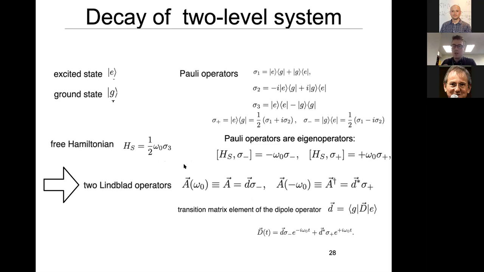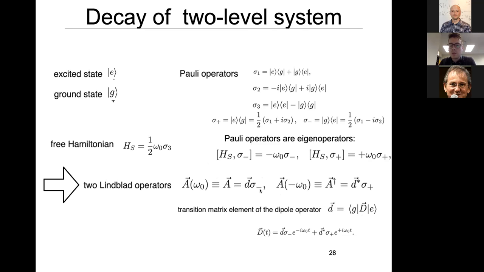And then using this, going back to the definition of the eigenoperators and using the fact that the system interaction term is just this dipole operator, which can be written in terms of sigma plus and sigma minus, we can show that there are only two non-vanishing eigenoperators of our system, which are given as follows.